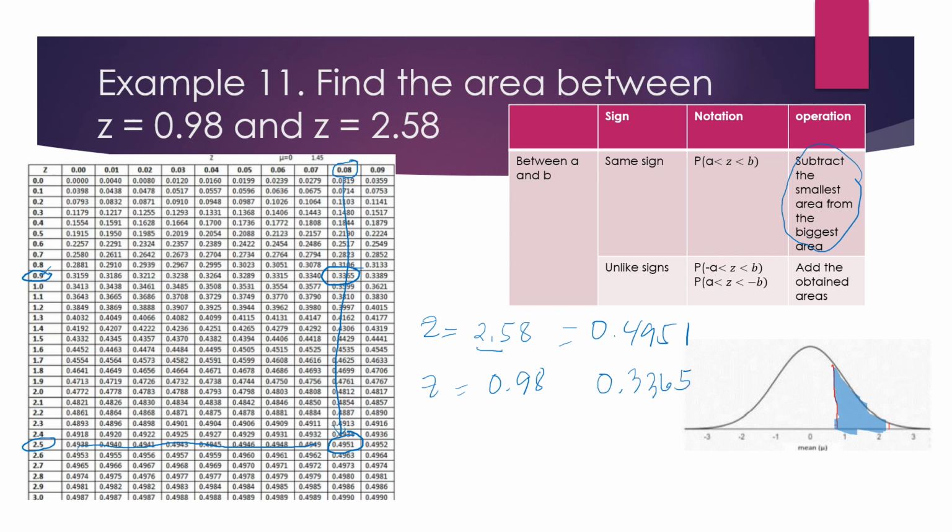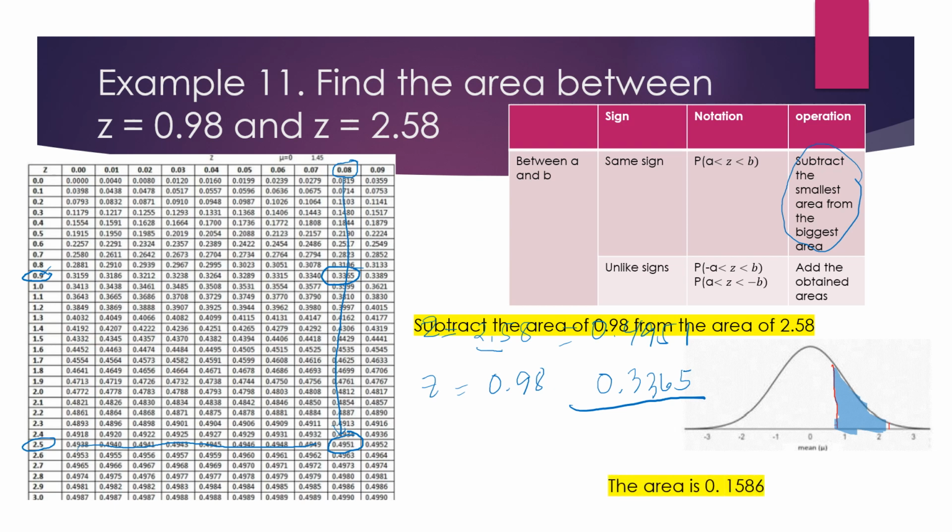And since we're going to subtract, subtracting 0.3365 from 0.4951 is equal to 0.1586.